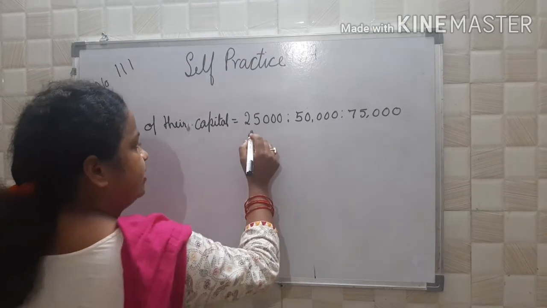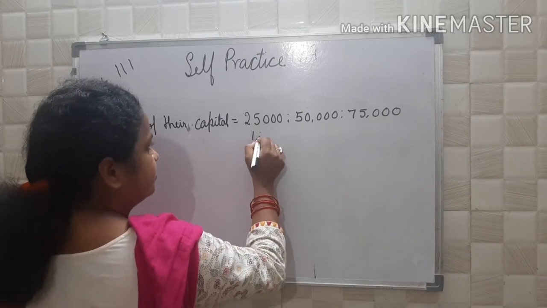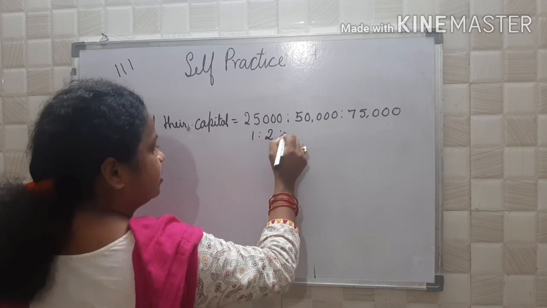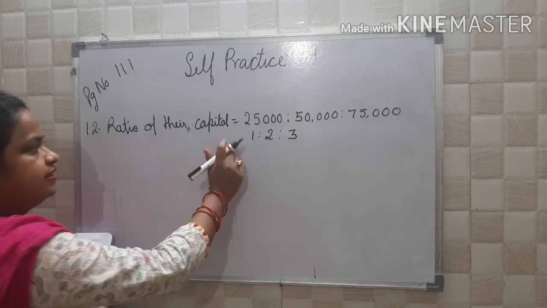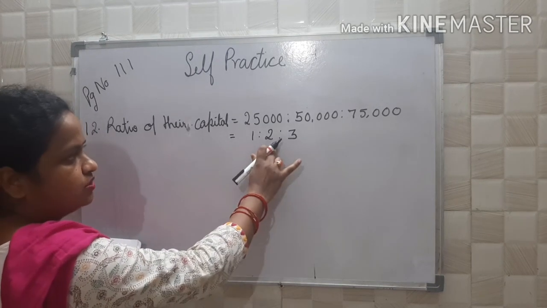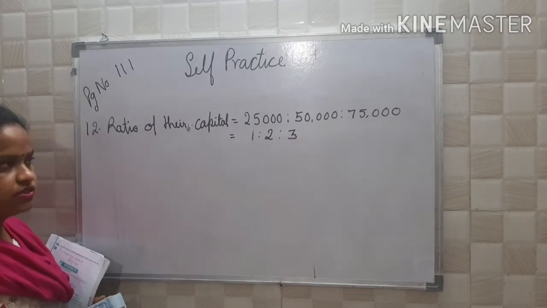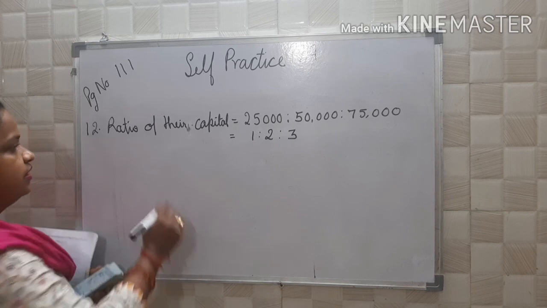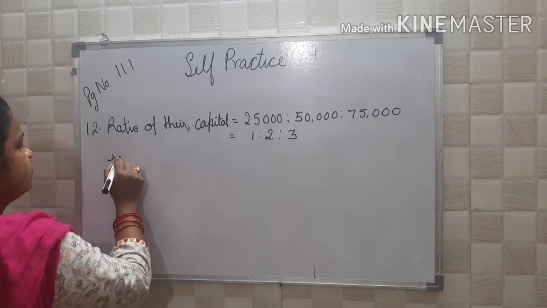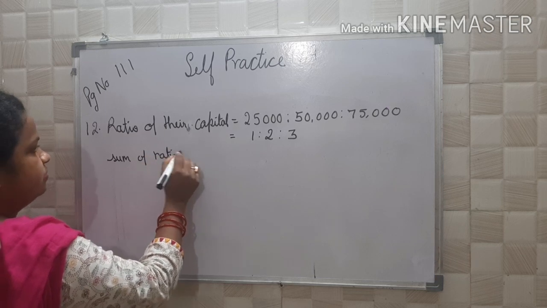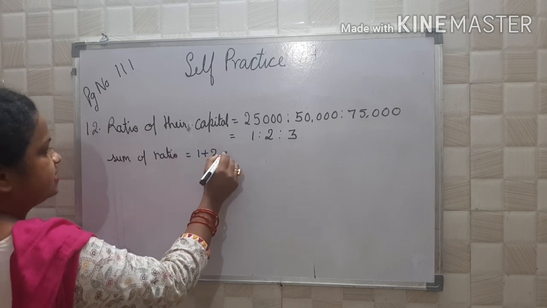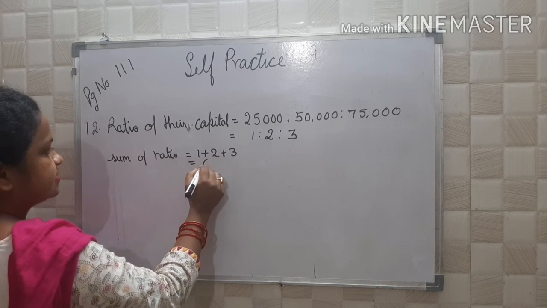Now 25 ones are 25, 25 twos are 50 and 25 threes are 75. So the ratio is 1:2:3, with 25,000 cancelled out. Now sum of ratio is equal to 1 plus 2 plus 3, that is equal to 6.